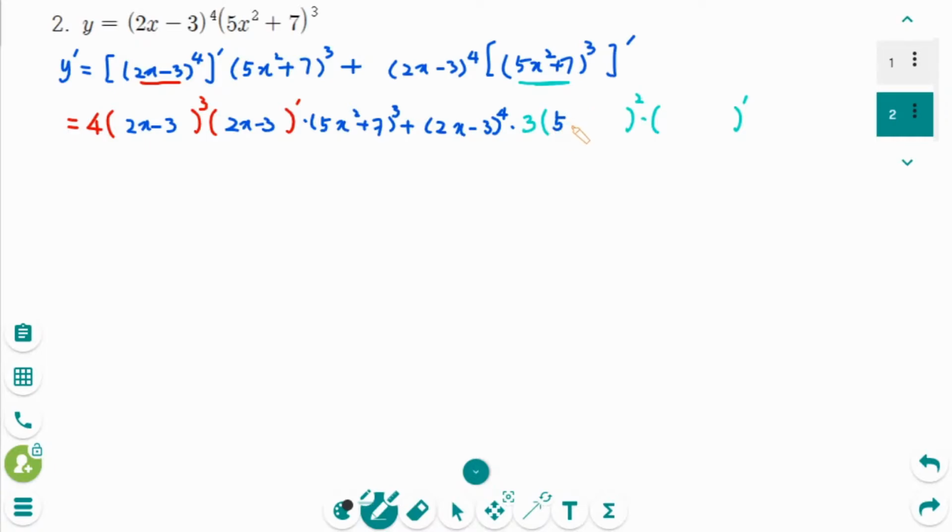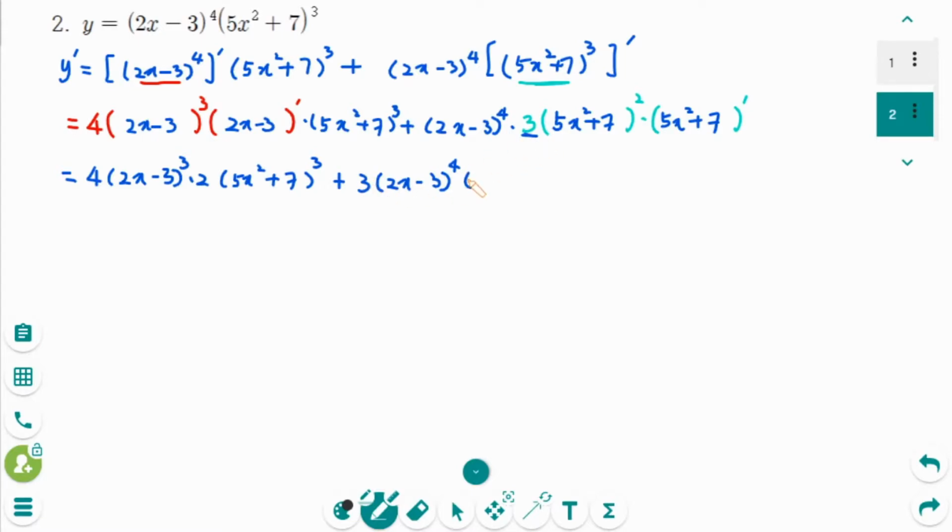Then keep the inner function, which is 5x squared plus 7, equals 4 times 2x minus 3 cubed. The derivative of 2x minus 3 equals 2. And times 5x squared plus 7 cubed, plus 2x minus 3 to the power of 4. 3 is here. Then 5x squared plus 7 squared.